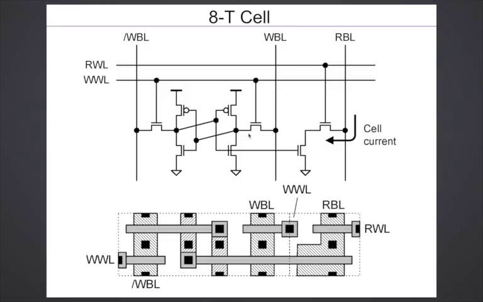One thing with memories is that the cell design and the cell layout both have to go hand in hand, because it's very critical that you squeeze out the last square micrometer out of your layout. Because there are so many millions of these cells, you have to optimize the layout so that you get overall area savings.